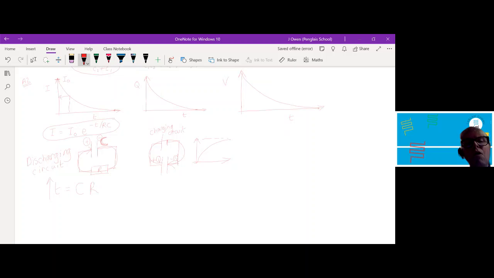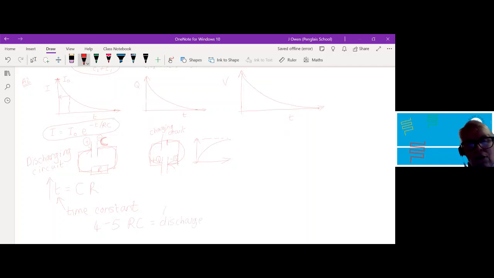So we call this product, capacitance times resistance, the time constant, and roughly 4 to 5 time constants is the time it takes to discharge.